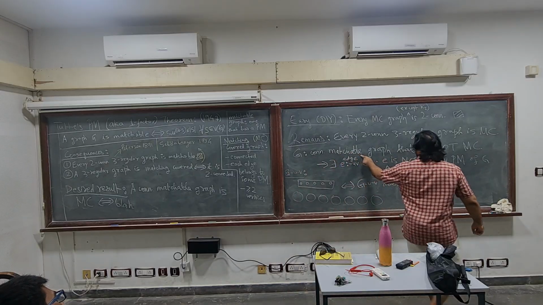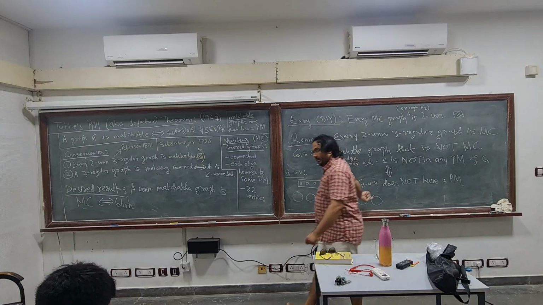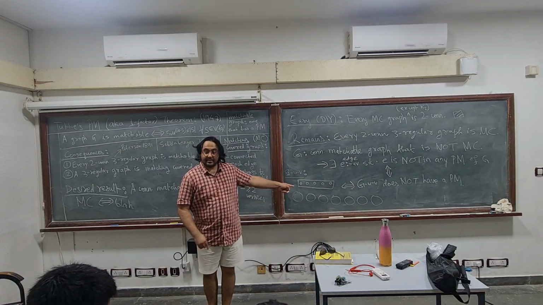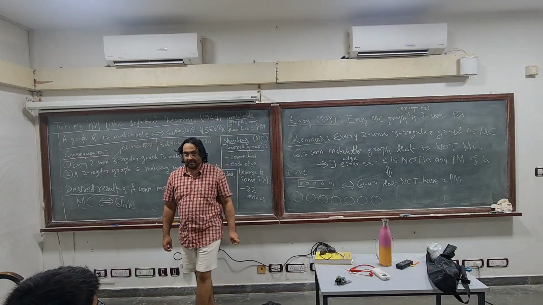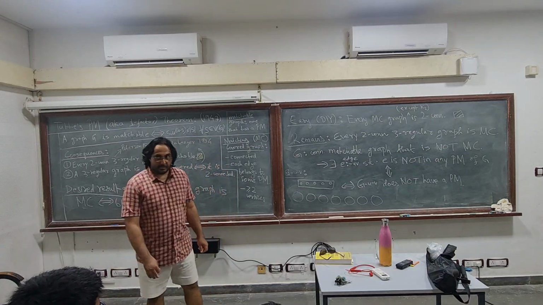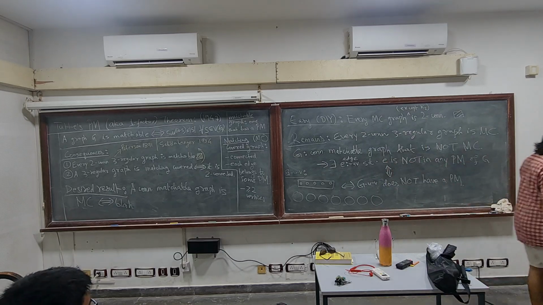It's a matchable graph, therefore it is even. When I delete 2 vertices, I still have an even number of vertices. So we have a situation like this in G minus U minus V. We are making some progress, but you would like to say something about G, right?